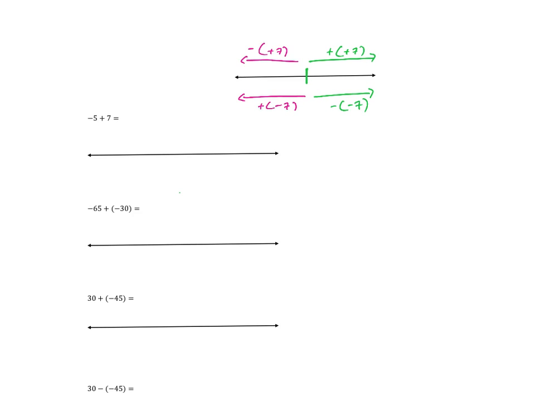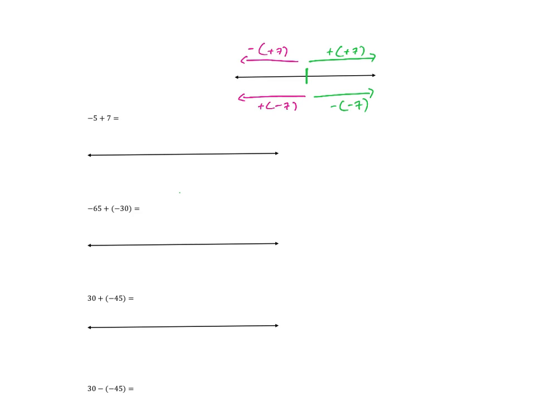It doesn't matter if we're talking about 7, 8, 12, 15, 368. If we're adding a positive of that number, we go to the right. If we're subtracting a positive of that number, we go to the left. If we're subtracting a negative of that number, we go to the right.